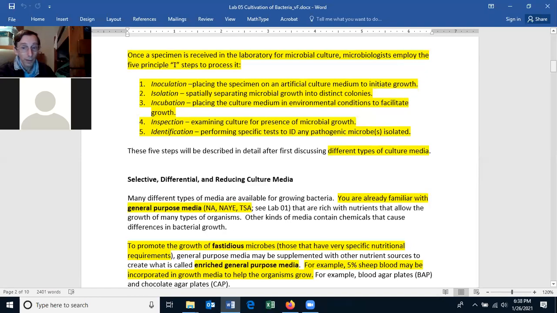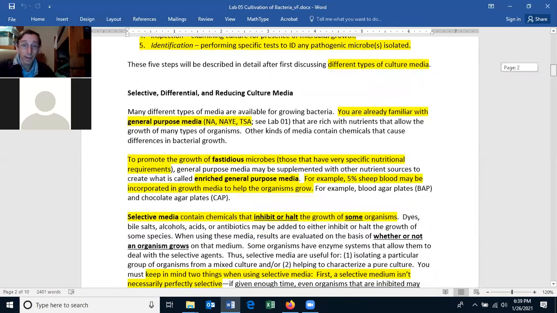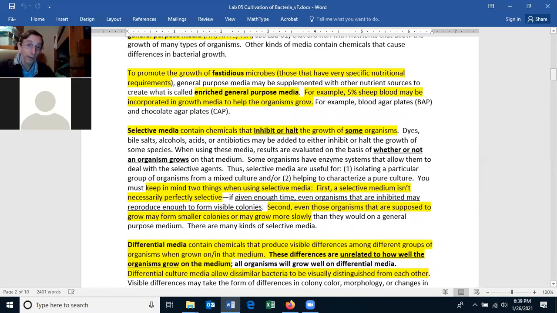You should be familiar already with general purpose media, such as nutrient agar, NA, or nutrient agar with yeast extract, or tryptic soy agar, TSA. These are general purpose media that generally grow many organisms, but not all organisms.